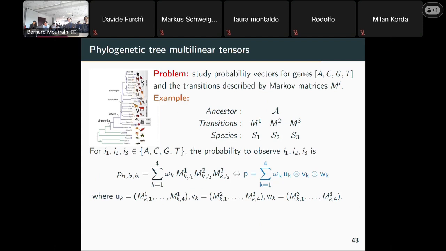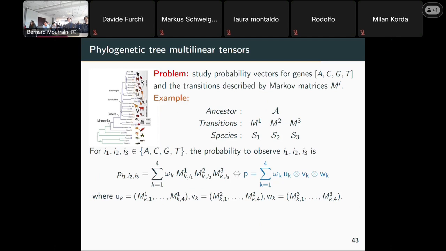This is the formula we get. But in terms of tensors, it's like saying P, this tensor, is a weighted sum of these weights times u_k tensor v_k tensor w_k, where u_k, v_k, and w_k are the columns of these Markov matrices.